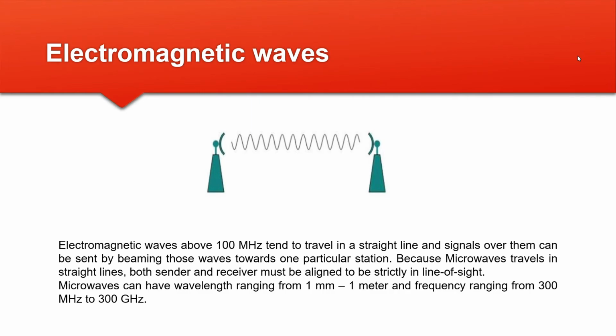Next is electromagnetic waves. Electromagnetic waves above 100 MHz tend to travel in a straight line, and signals over them can be sent by beaming those waves towards one particular station. Because microwaves travel in straight lines, both sender and receiver must be strictly aligned in line of sight. Microwaves can have wavelength ranging from 1 mm to 1 meter and frequency ranging from 300 MHz to 300 GHz.